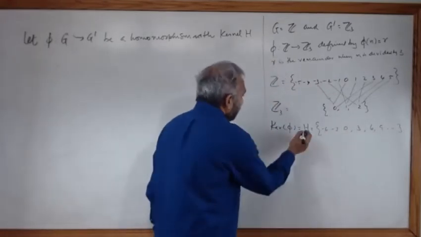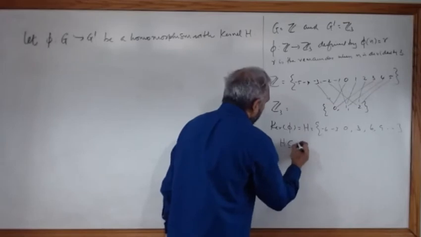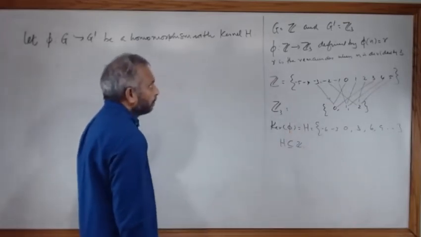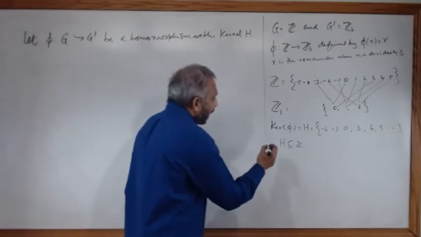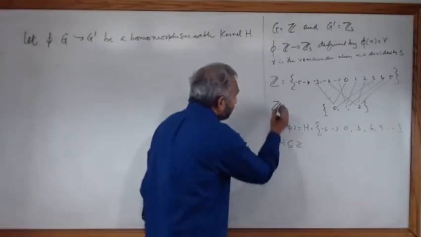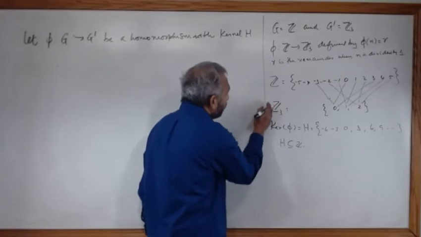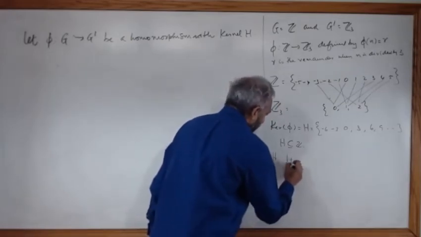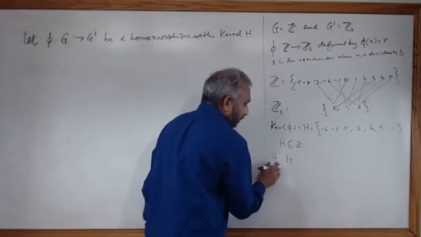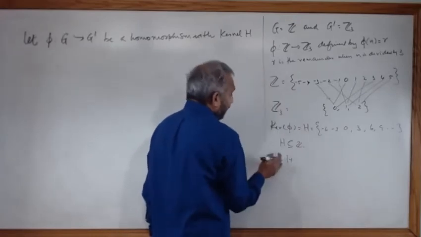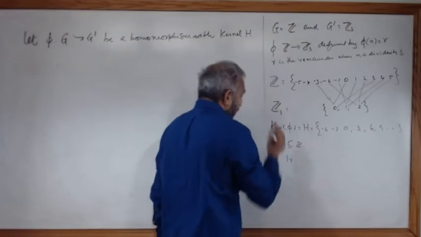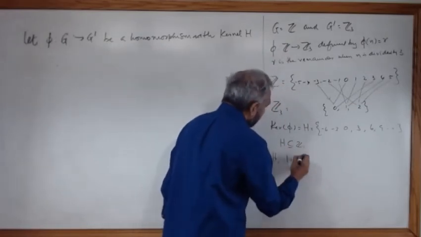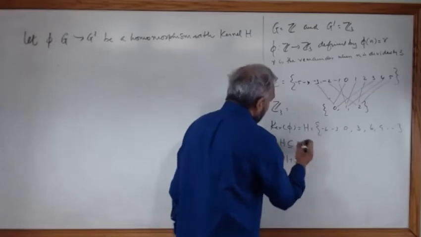So this is a subgroup of Z. And we have three different cosets here. One is H, and I am going to take only the left cosets. In this case, left and right cosets are the same because Z is an abelian group. H is equal to 3Z.